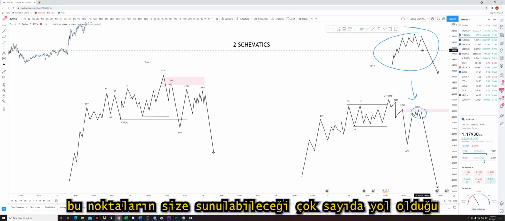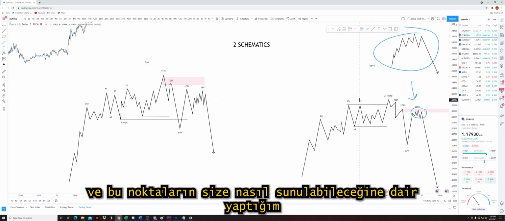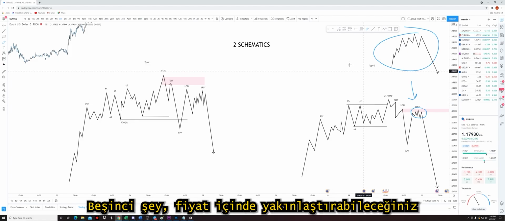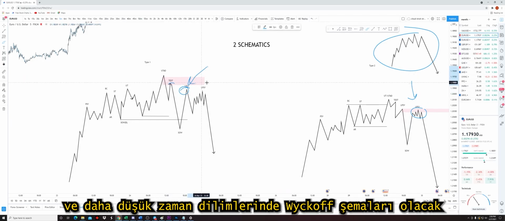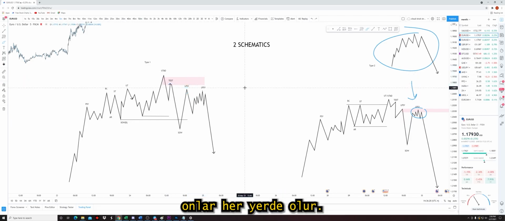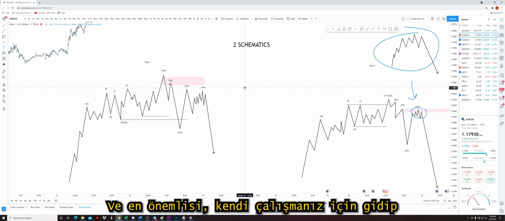The fourth thing, that there's a multitude of ways that these points can be delivered to you, and that you've taken notes on every single note I've made concerning how these points can be delivered to you. The fifth thing, that there are moves within price that you can zoom in on and will be Wyckoff schematics on lower time frames because, like we said, they happen everywhere. And most importantly, you go for your own study and find how these occur in certain areas.